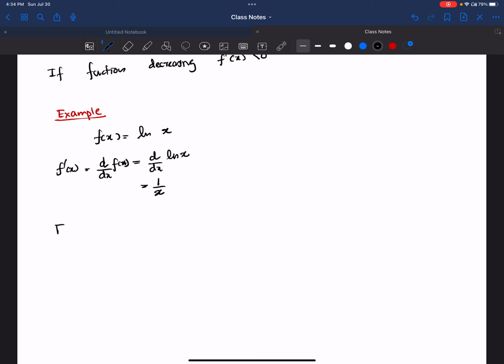So for the domain x greater than 0, all the positive values, f prime of x is positive. That means it's an increasing function.